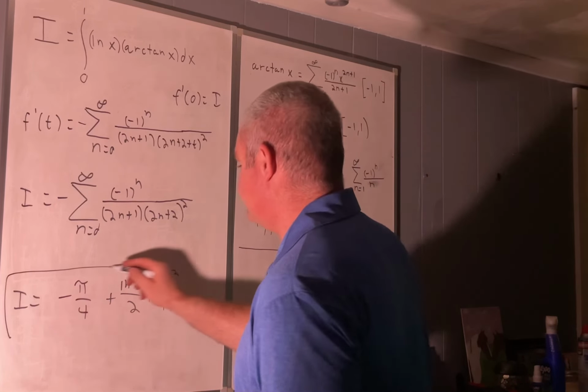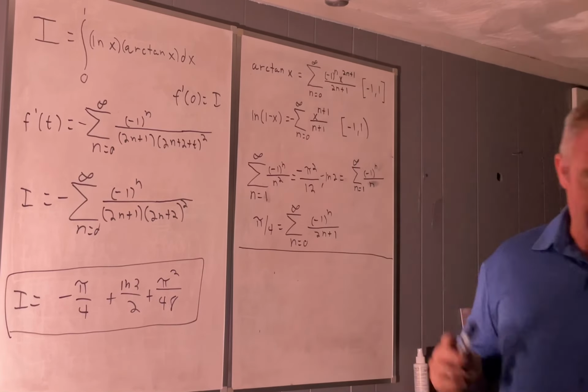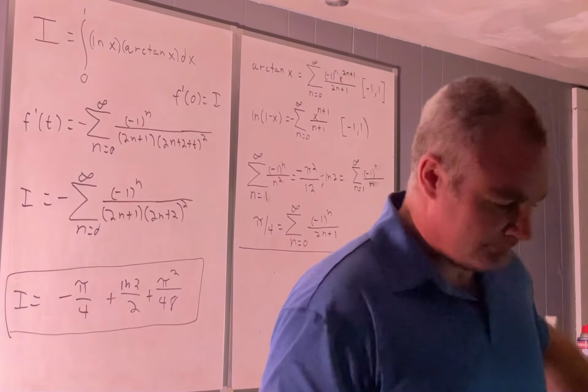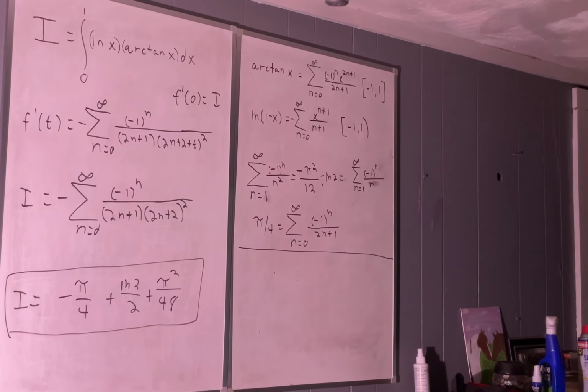And that's it. That's the whole thing right there, and I'm going to check it really quick. Make sure that I did not make any silly mistakes. So what do we have there?